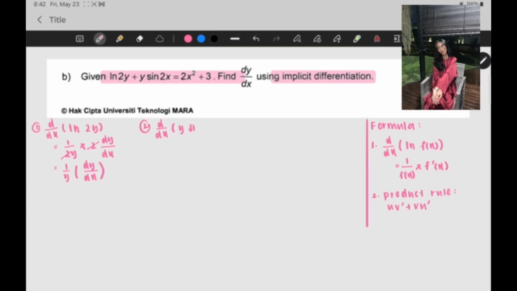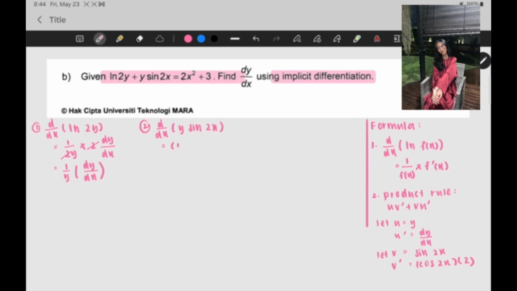Next, differentiating y sine 2x. To solve this, we need to use the product rule, so we let u equal y. Then u prime will be dy over dx. Then we let v equal sine 2x. Then v prime will be cos 2x times 2.